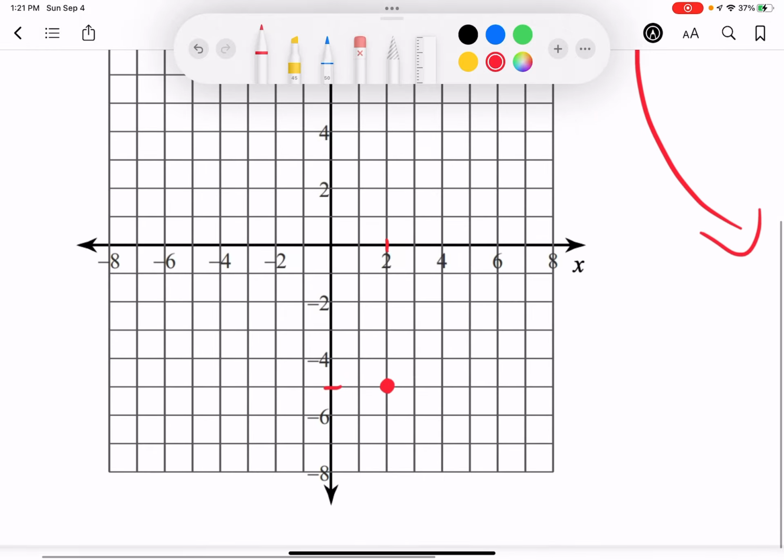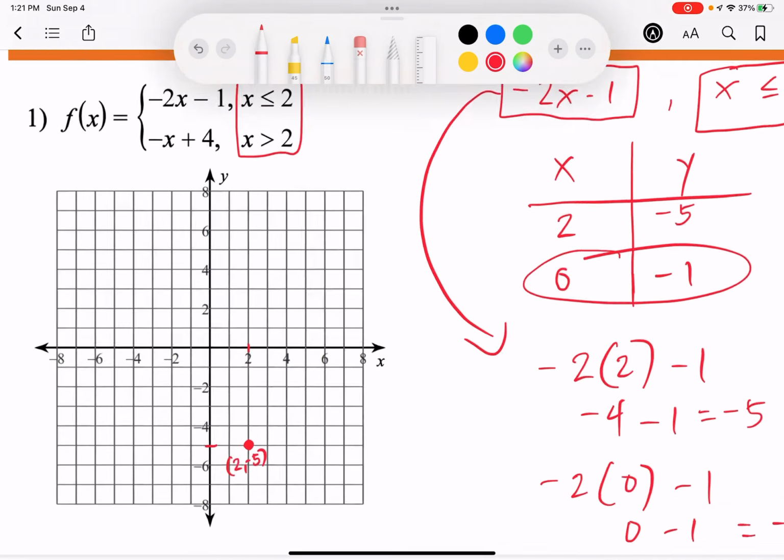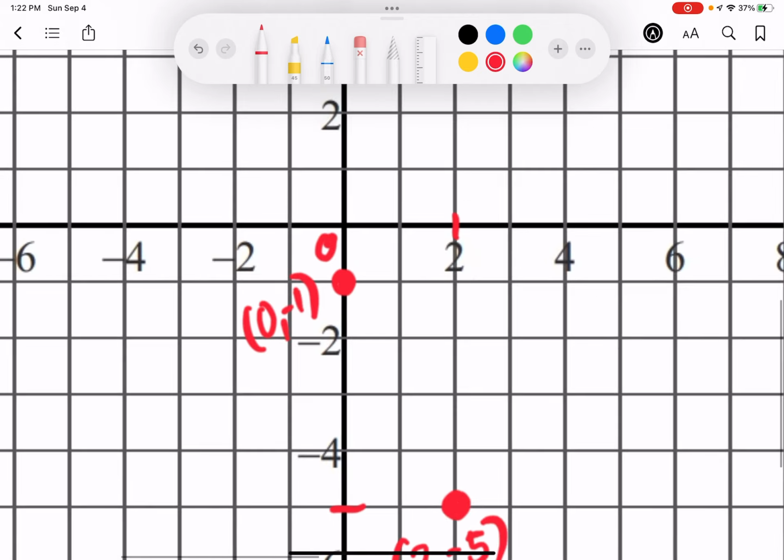Yan yung ating first point at 2, negative 5. Yung isang point naman natin ay 0, negative 1. Asan ang 0? Syempre sa gitna, origin. 0, and then negative 1, it's somewhere here. So that point is at 0, negative 1.